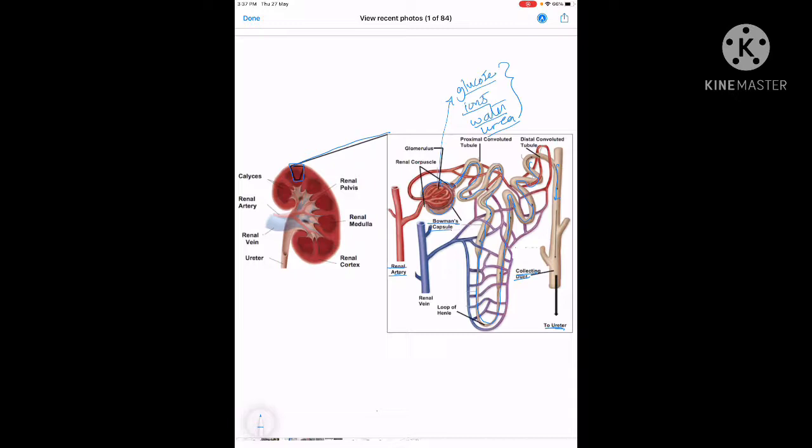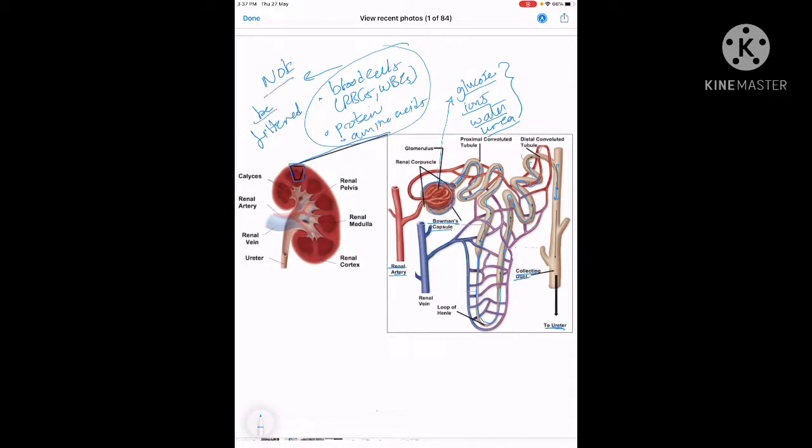Now, you will notice that the blood cells, like the red blood cells, like the white blood cells, also proteins, amino acids, all of these will not be filtered.